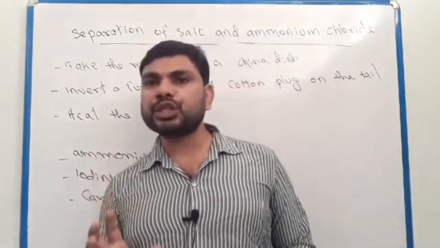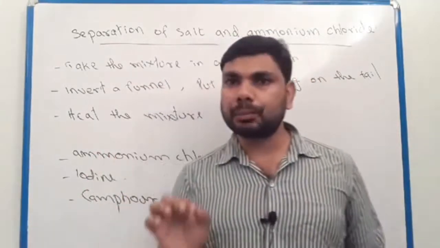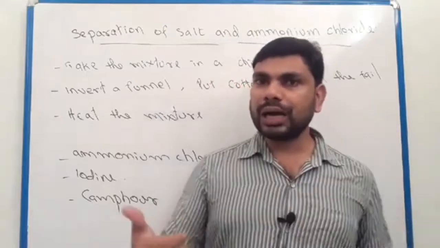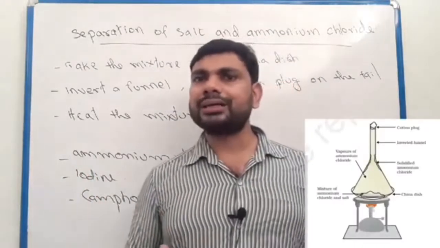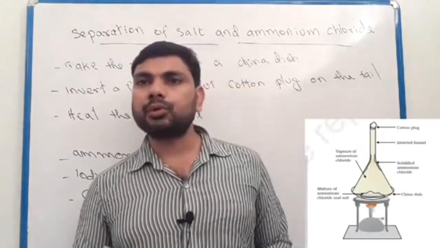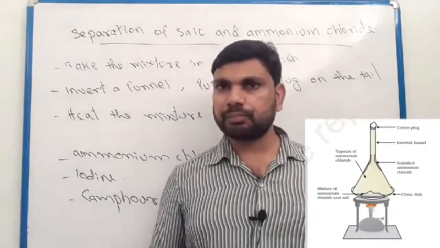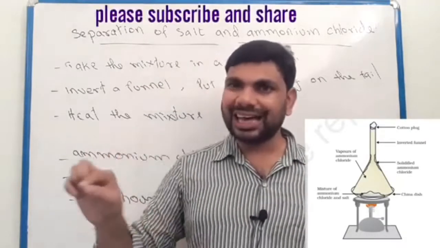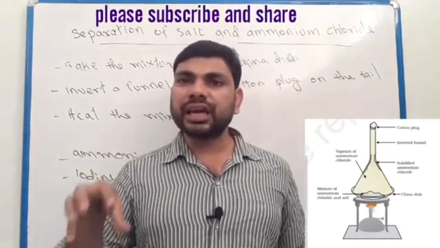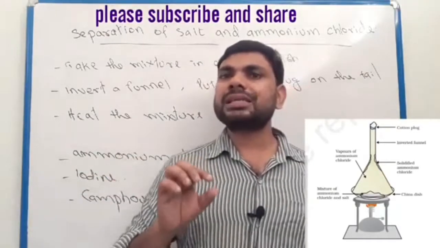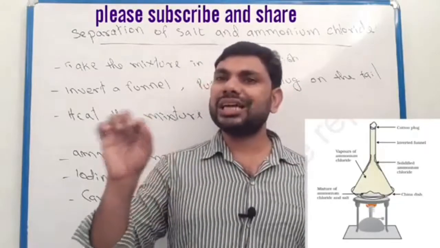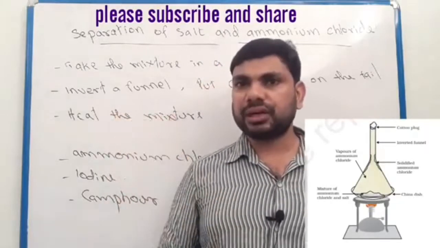So we have a mixture which contains salt and ammonium chloride. You have one picture here, showing salt and ammonium chloride. We take salt and ammonium chloride in a china dish and invert a funnel over it as shown in the figure. Then put some cotton plug on the tail of the funnel.